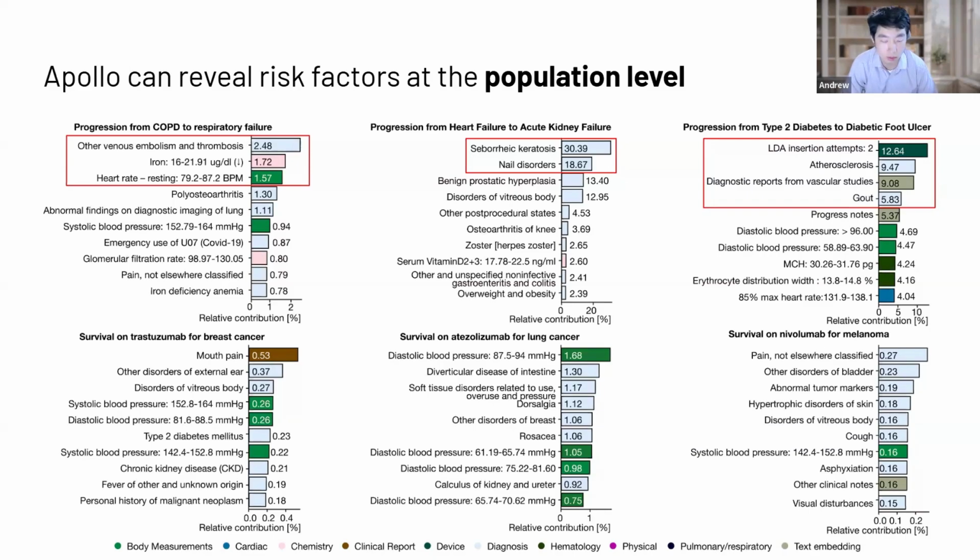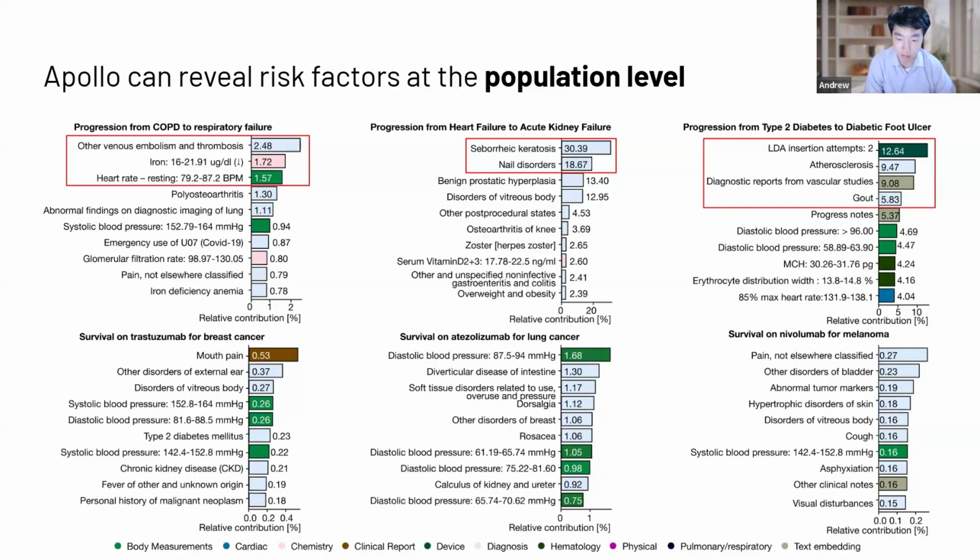Same for the progression of heart failure to acute kidney failure. We see that there are a lot of skin and nail disorders. There are some papers in the literature that describe how cardiac diseases can sometimes manifest as skin and nail problems, and that might be a reflection of what we're seeing here.